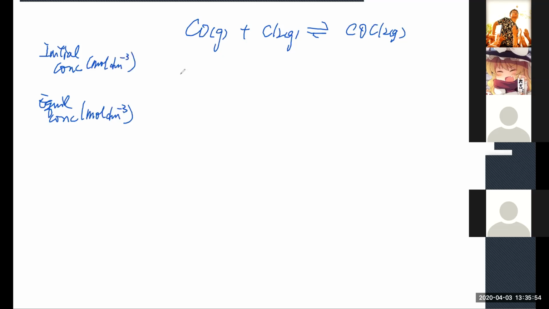You are going to let the equilibrium concentration be unknown, but at the initial stage I know 1.20 over 10.0, 1.00 over 10.0, and finally here 1.50 over 10.0. I know that the equilibrium will shift towards the right-hand side.